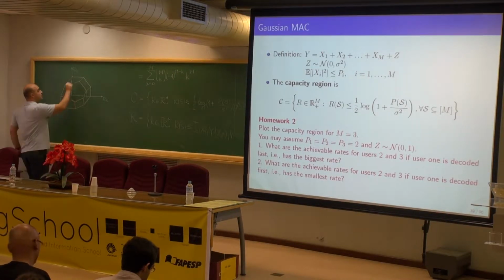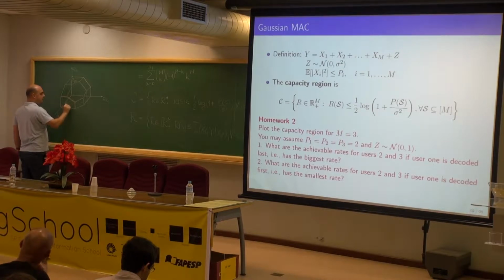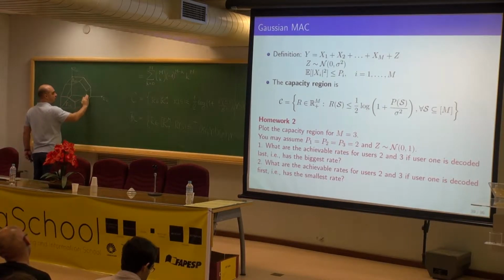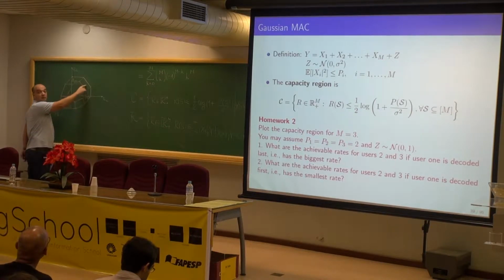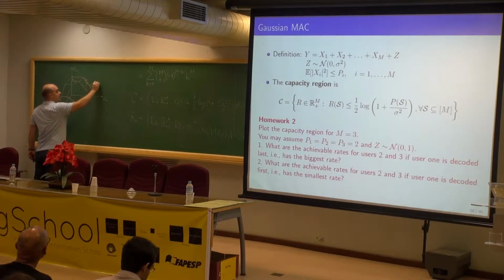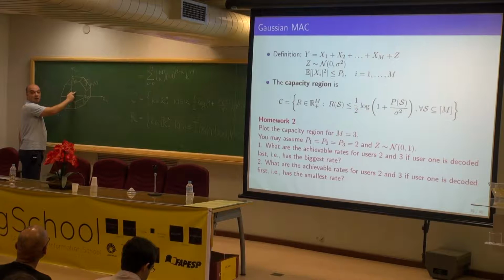So we said that this is F3, this is F1, this is F2. What is this here? F23, yes. Etc. So this is 1, 3, this is 2, 3. What is in the middle? It's F1, 2, 3.